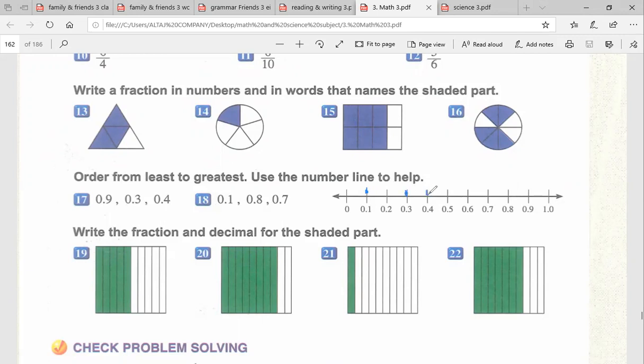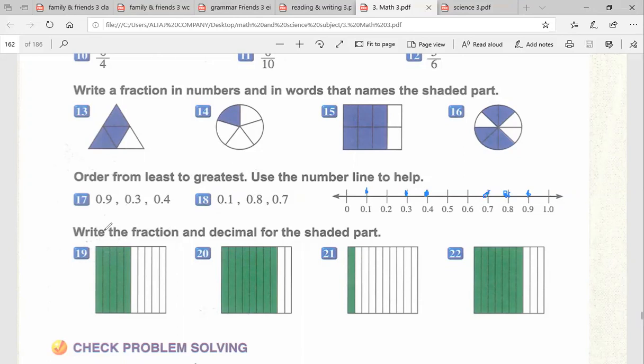Then 0.4. Then 0.7. 0.8. Then 0.9. But if they had told us from greatest to least, we should have started from 0.9, 0.8, 0.7. But for this one, they said from least to greatest. That's why we start from 1 to 9.